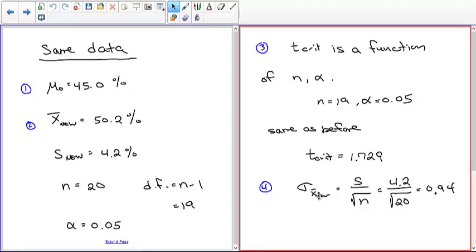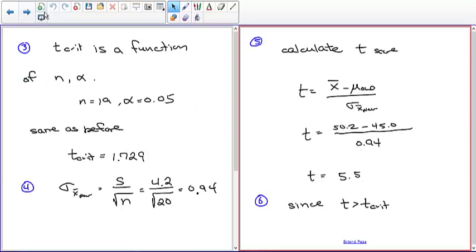You calculate the standard deviation of the sample means, which is the sample standard deviation divided by the square root of n. And then this is the step that's different. Instead of calculating a margin of error, you calculate a t-score based on your sample mean, your population mean, and the standard deviation of the sample means.